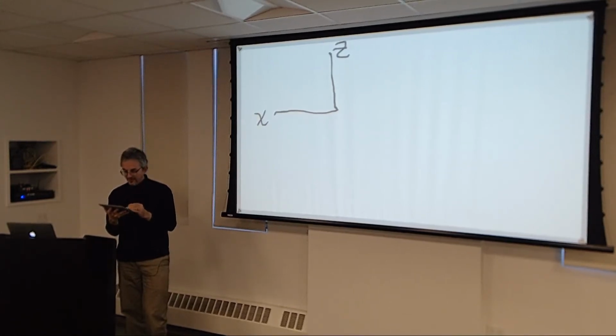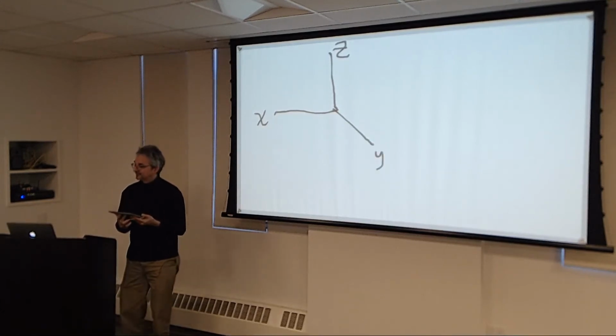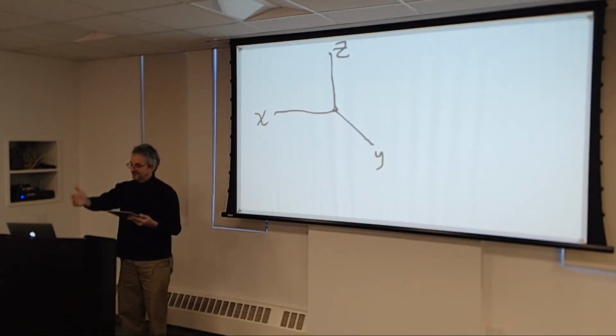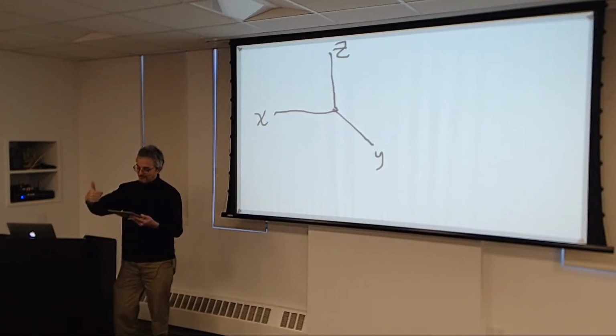So I imagine, here is the X and Z axis, and then Y is coming out of the screen towards me. And just because we have a right-handed coordinate system, it means if my thumb is on Z, X has to rotate towards Y. I can always write the coordinate system in the proper way.